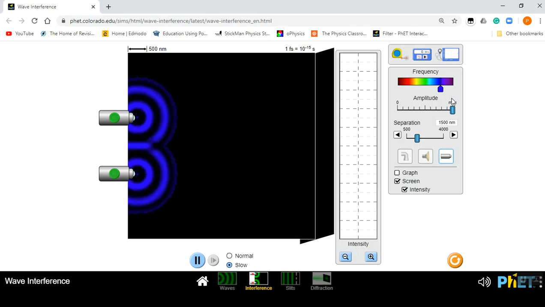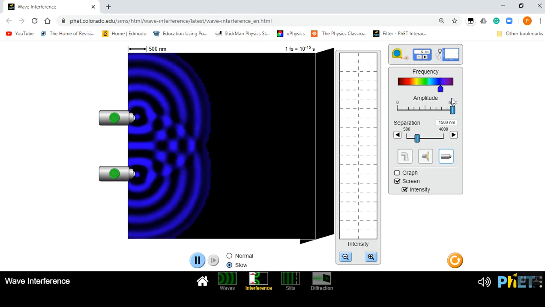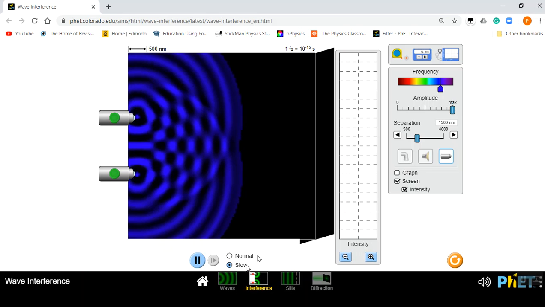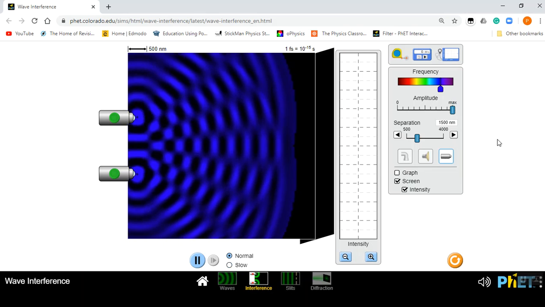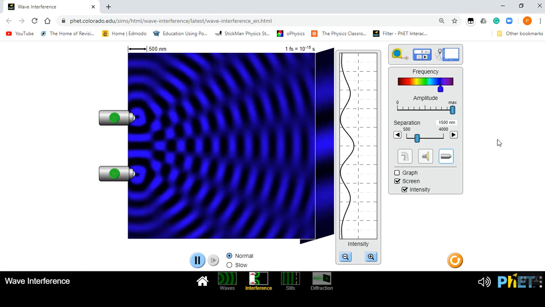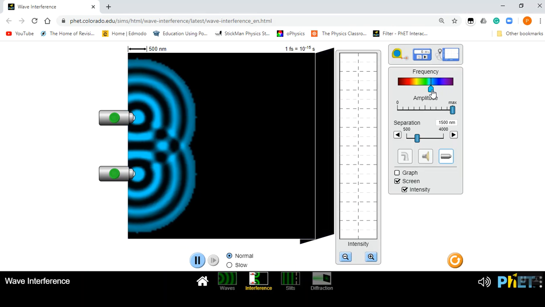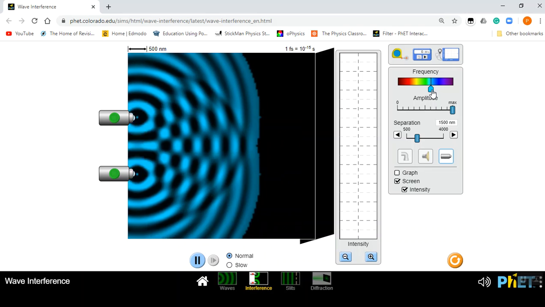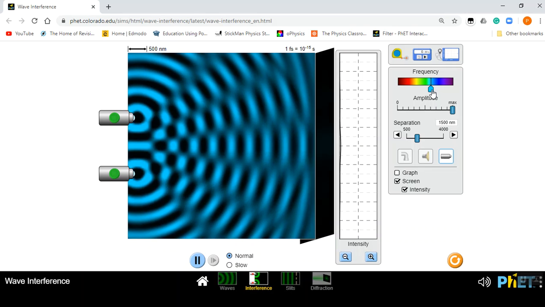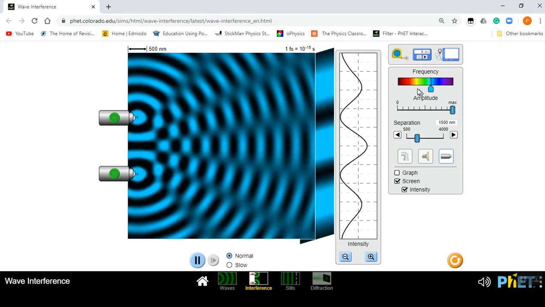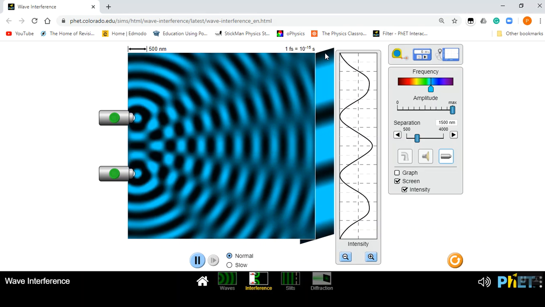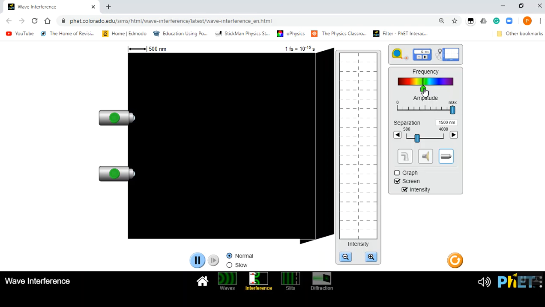If we compare blue, and let's go at normal speed, we see only 3. If we go to light blue, we still see 3, but there's less and less dark on the side.